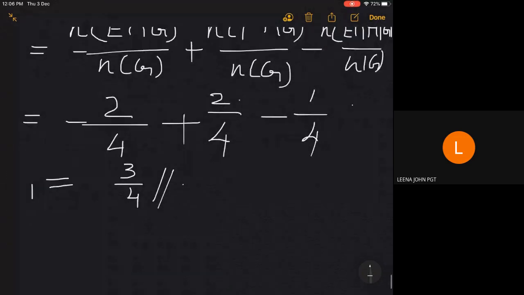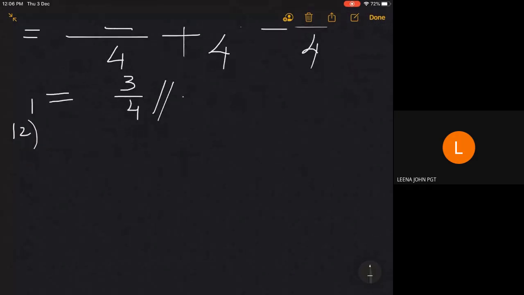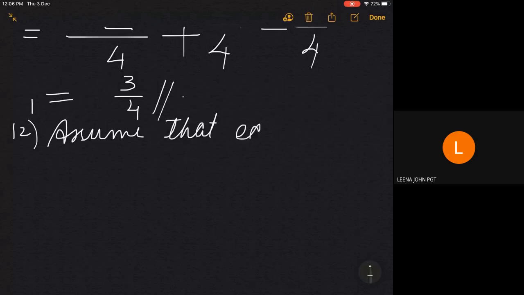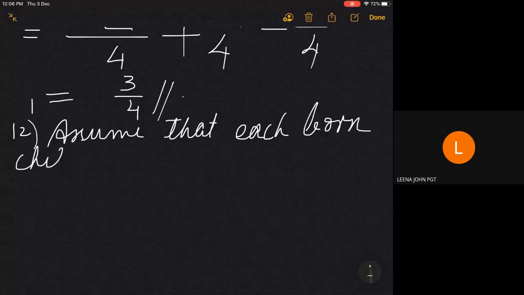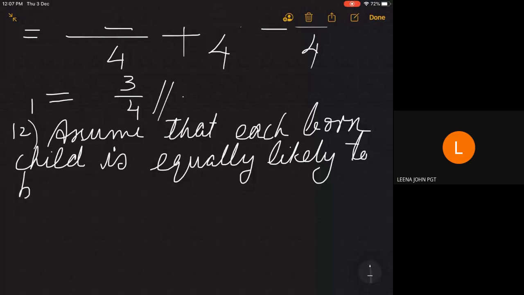Next question is question number 12. Assume that each born child is equally likely to be a boy or a girl.